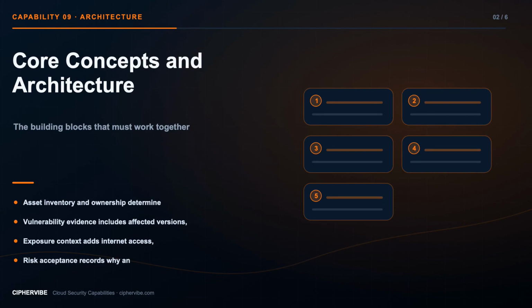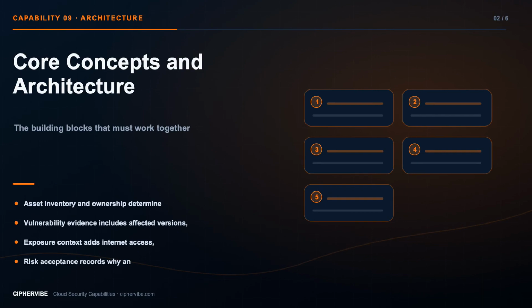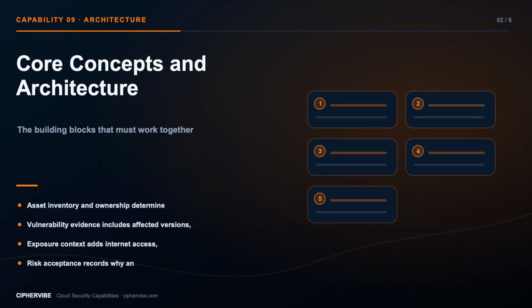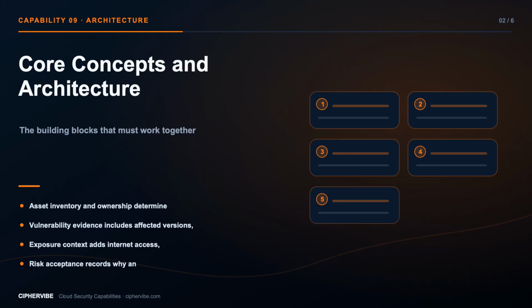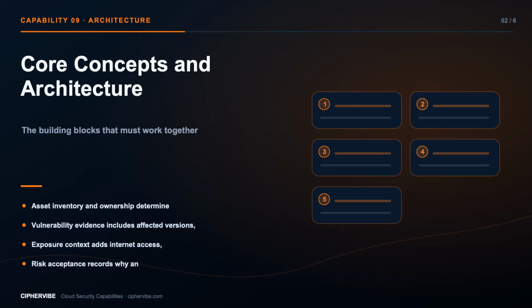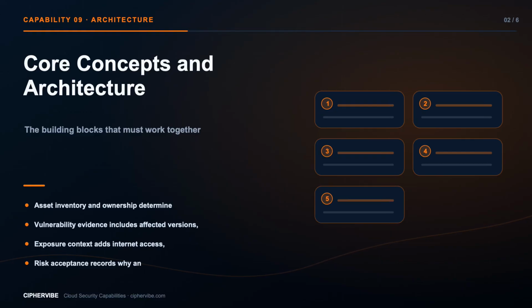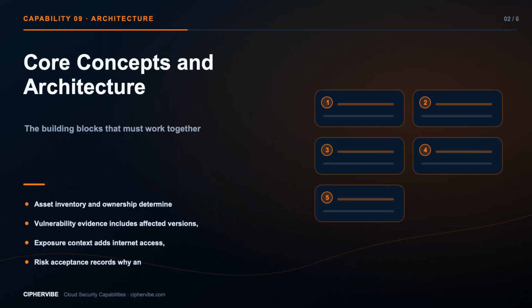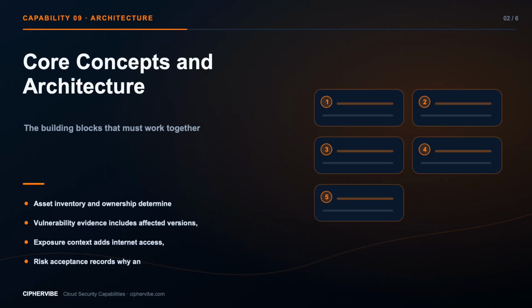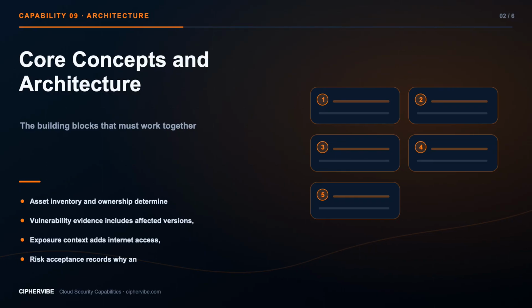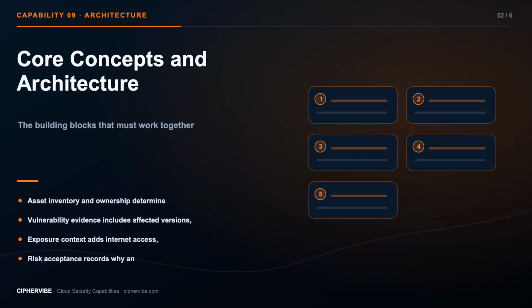The capability should create a traceable chain from source evidence to a security decision and then to an accountable action. First, asset inventory and ownership determine whether scanner results can become accountable remediation work. Second, vulnerability evidence includes affected versions, fix availability, known exploitation, reachability, compensating controls, and runtime presence.